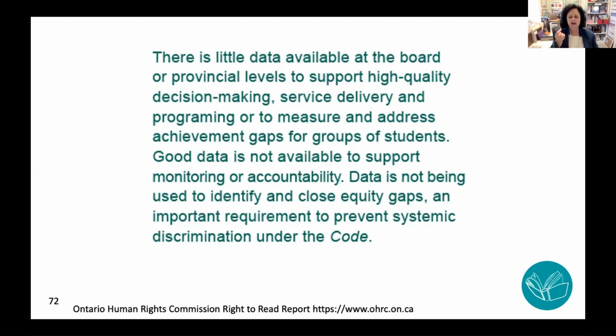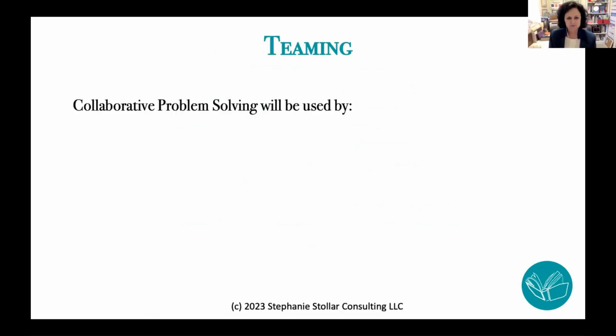And you can see how the process for using the data is essential. So this is where I want to spend just a little bit of time in the time that we have left. The model that I am most familiar with is called collaborative problem solving. This is also referred to by schools implementing MTSS as data-based decision-making or data-based individualization when it comes to applying this to individual students.